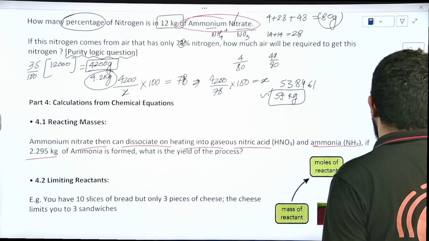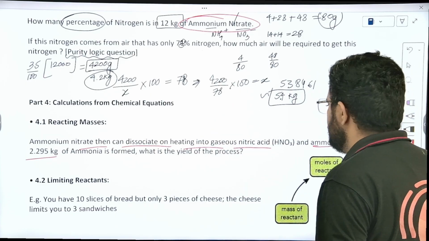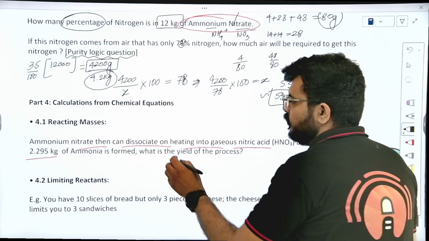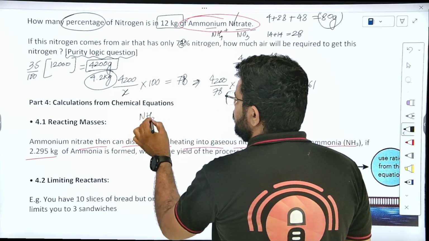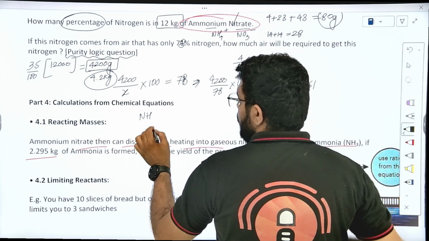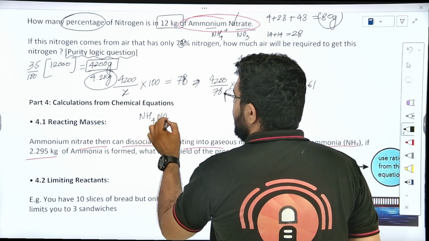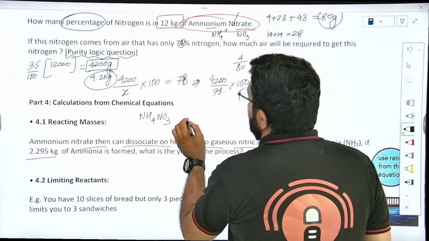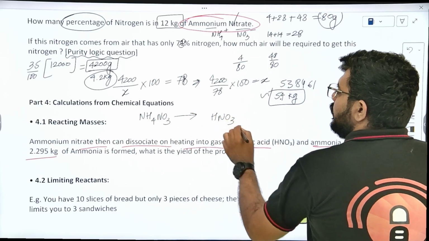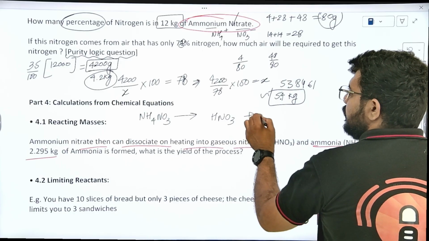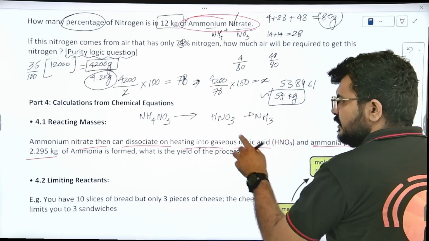So I think this question should have been above this, but let's find out the yield. Okay. So I have ammonium nitrate, right, which decomposes to form nitric acid and ammonia, and this reaction is balanced.